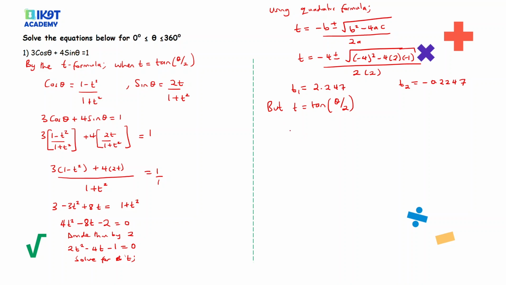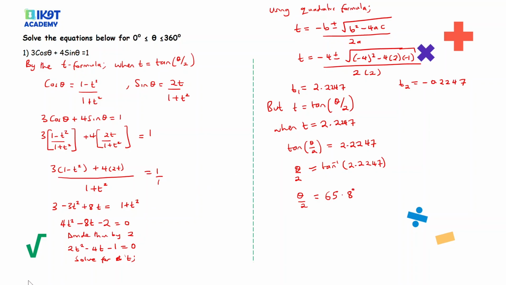We start with when t is equal to 2.2247. That means tan of theta out of 2 is also equal to 2.2247.